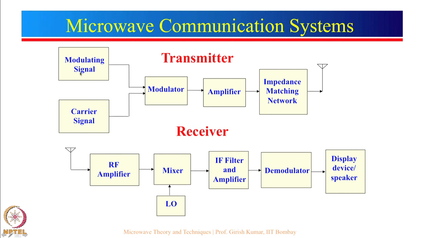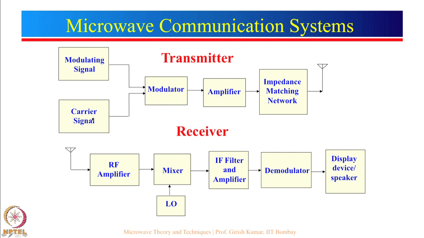So, this is the modulating signal. In some books they use the term intelligence signal, or you can say information signal. It is the information which you want to send to a far away distance, and that can be a voice signal, a data signal, or a video or audio signal. And then this is the carrier signal.